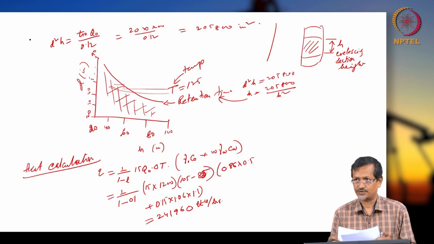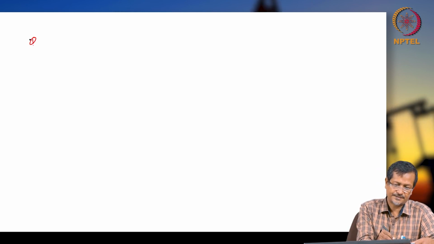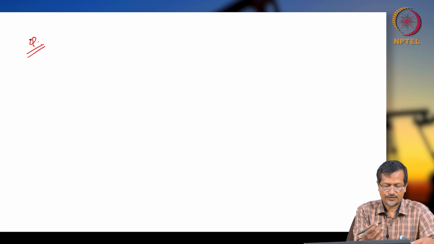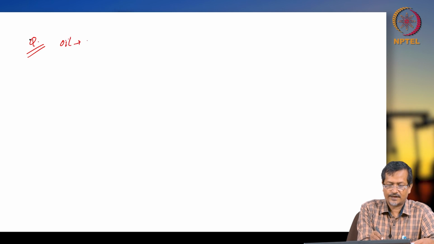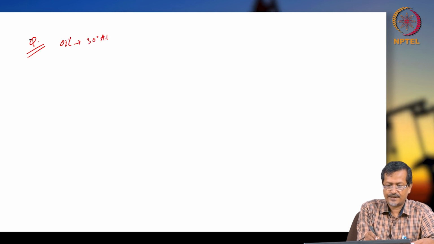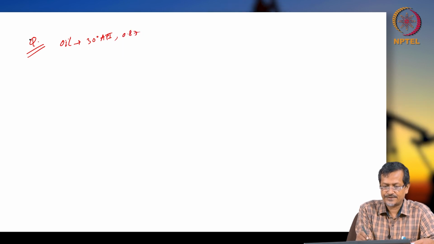horizontal separator calculation. Okay. I will give one problem, I will not solve it, you can try to solve. The problem is like this. It is given in your K Arnold book volume 1. So oil gravity is given 30 degree API, okay, and 0.875 specific gravity.